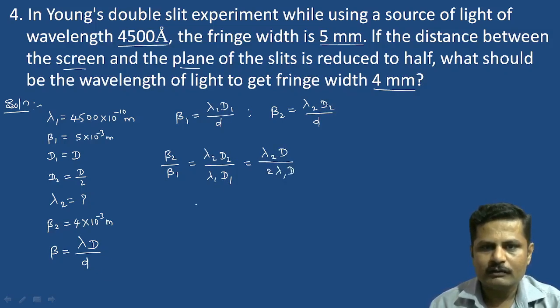So d gets cancelled, and we get beta 2 divided by beta 1 equals lambda 2 divided by 2 lambda 1.